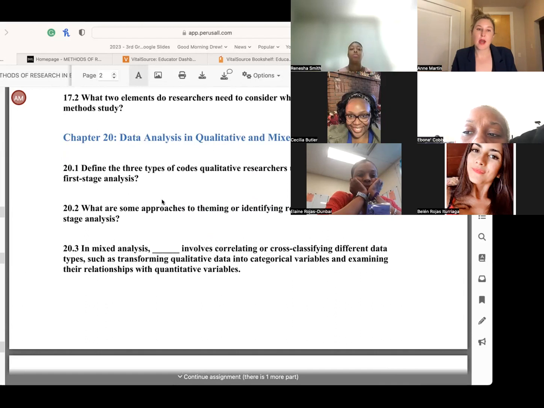And then this is what I meant by some approaches to theming or identifying the relationships. So there you can look at the different relationships and talk about some different approaches to theming the data, different ways to look at relationships and the connections.